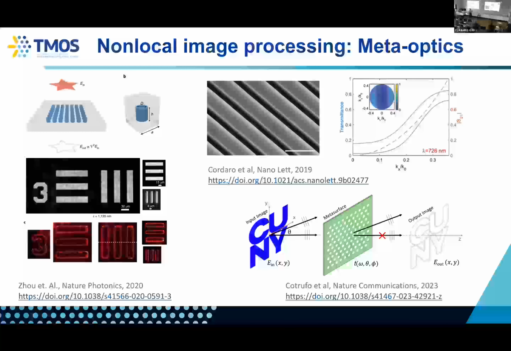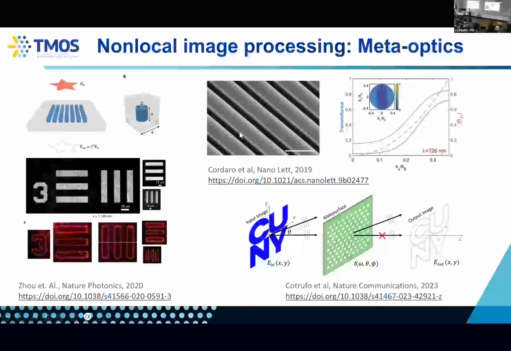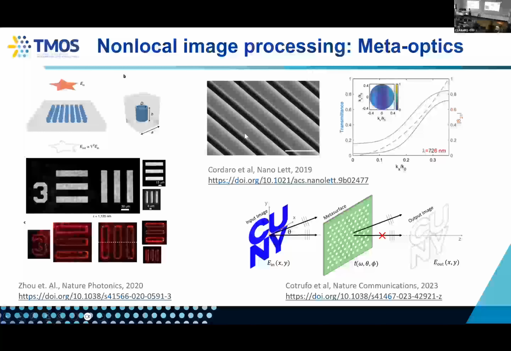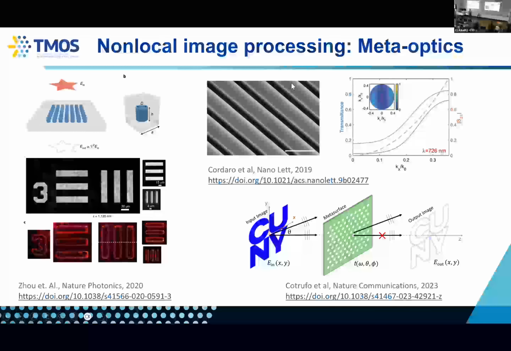There's also a lot of discussion about these devices performing mathematical operations. So I mentioned before differentiation. The background to the grating device that's shown over here is that if you have light incident on it, the resulting output generates the second order spatial differentiation with respect to the direction normal to the grating bars.